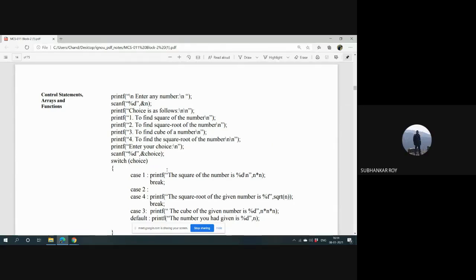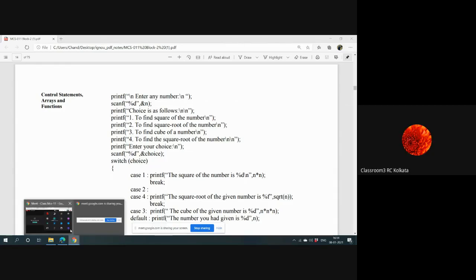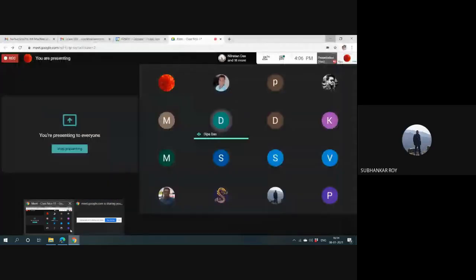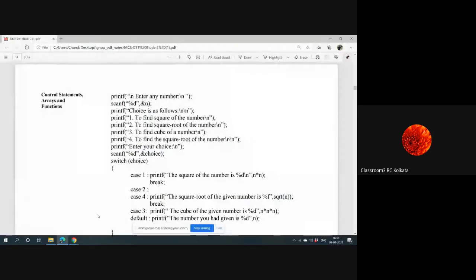What is the function of case in this program? I mean, case 1, case 2, case 3. It is the alternative of if. Suppose in if you have given one condition, and in case, whatever choice you choose, the corresponding case will be executed.